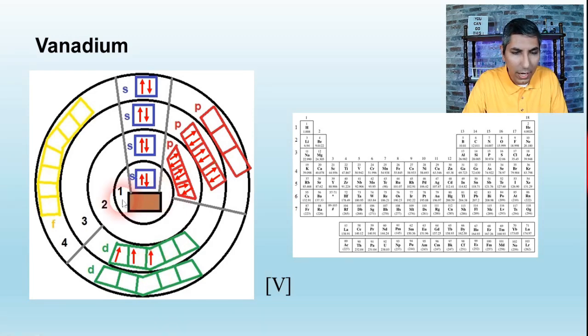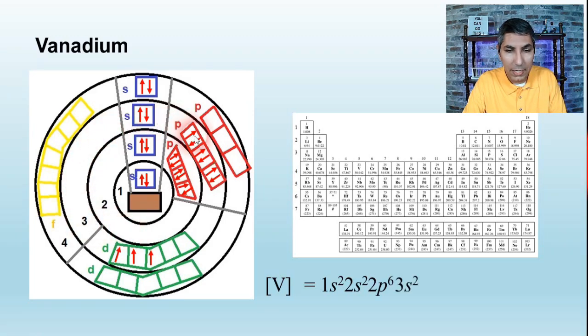Can you do that? We have 1s has 2, 2s has 2, 2p has 6, and then 3s has 2, 3p has 6, and then 4s has 2, and finally we're in level 3, section D, seat number 3 in that section, so it's 3d3.